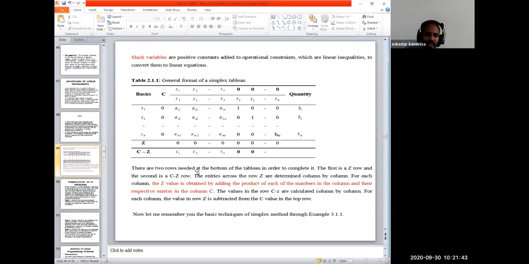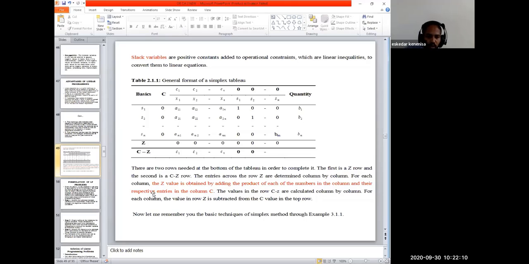There are two rows needed at the bottom of the table: the z row and the c minus z row. The rows are determined column by column.